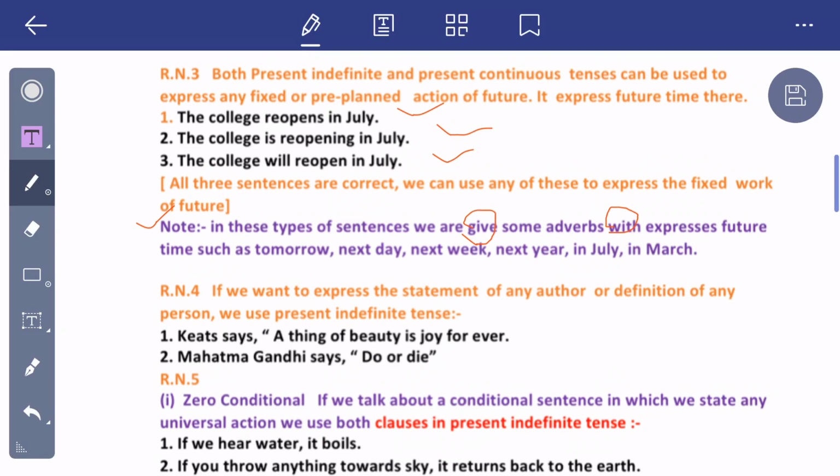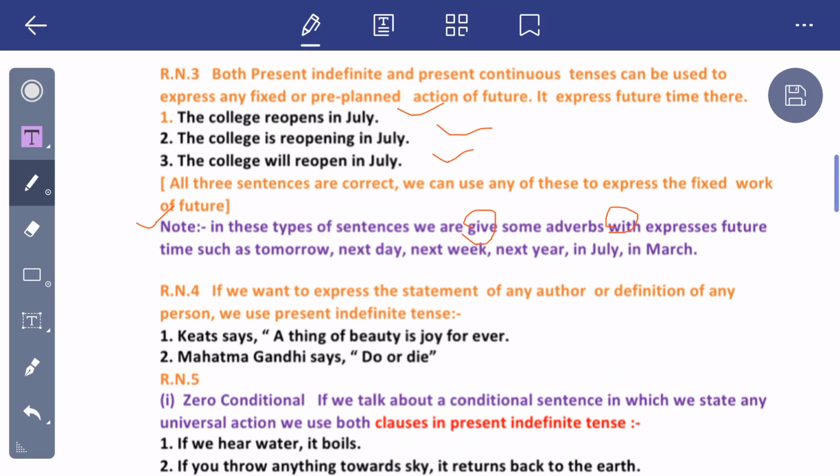So we will be given some adverbs like this which will express the fixed or pre-planned action of future. So I repeat again, to express any pre-planned action of future we can use present indefinite tense, present continuous tense, and future indefinite tense.